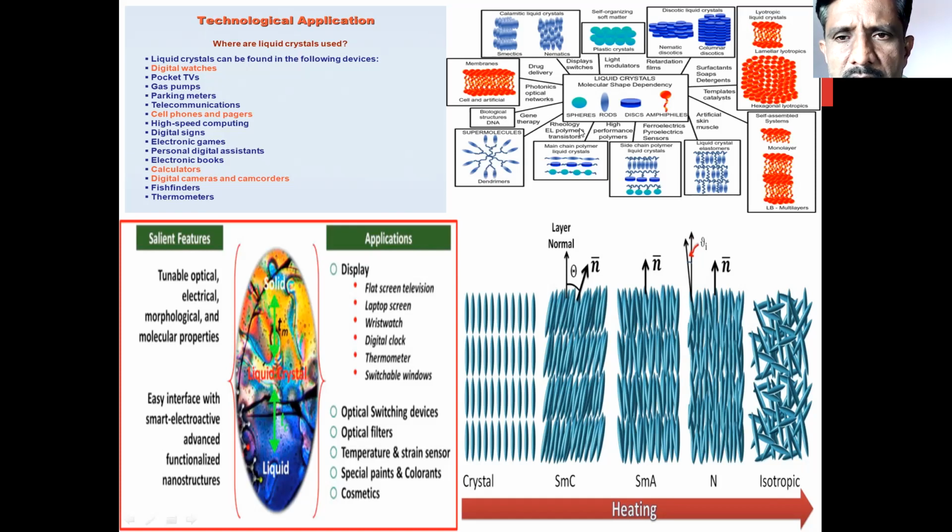Due to these different properties, such liquid crystals or polymeric materials made up of liquid crystals are very useful for drug delivery, photonics optical networks, gene therapy, HPP, that is high performance polymers, ferroelectrical and pyroelectrical sensors, and artificial skin muscles, where liquid crystal elastomers are obtained. For retardant films, they are made from liquid crystal. Light modulants can be prepared from plastic crystals, and display switches are made up of liquid crystal.